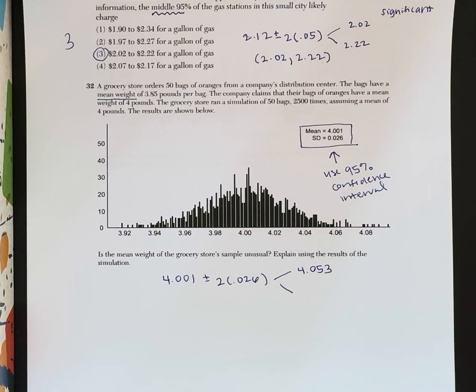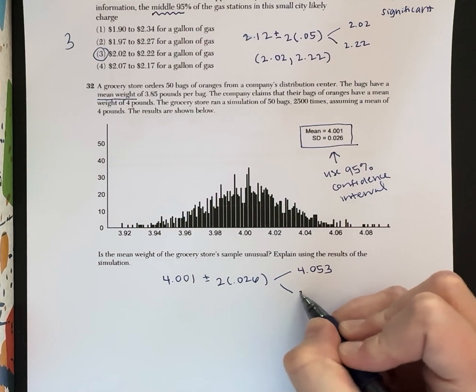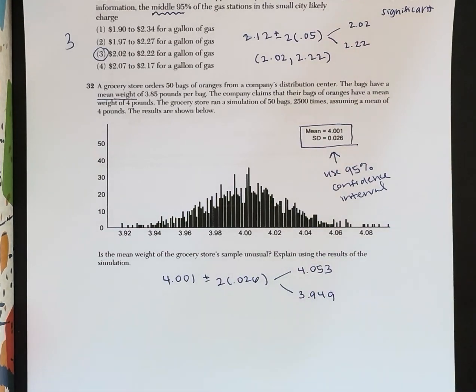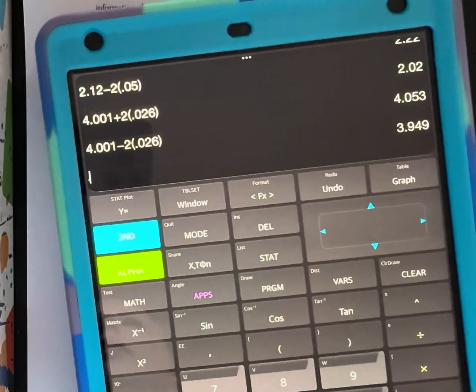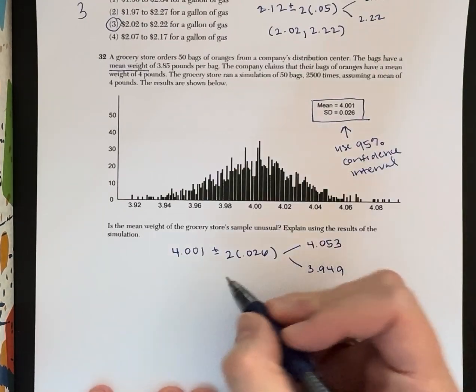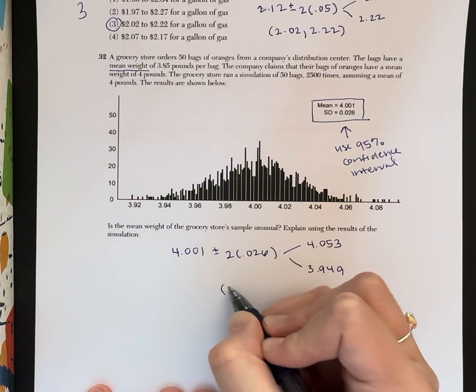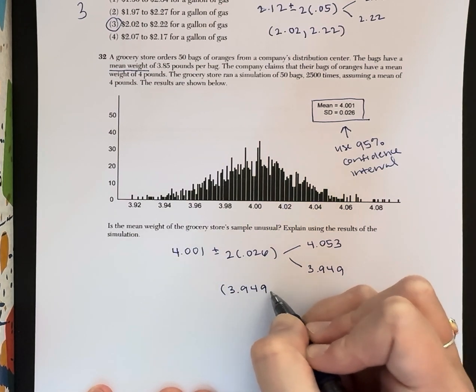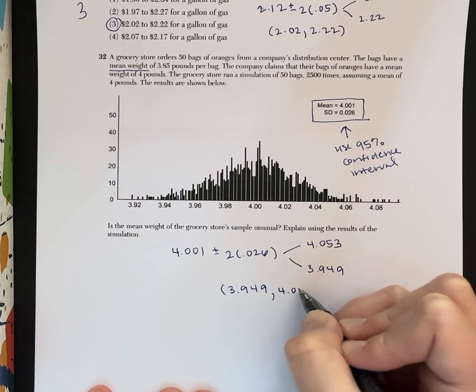And then I'm going to do that again, but with a minus, so minus 2 times 0.026. All right, so these are my values, 3.949 and 4.053. So the interval, the lower value is 3.949 and the higher value is 4.053.